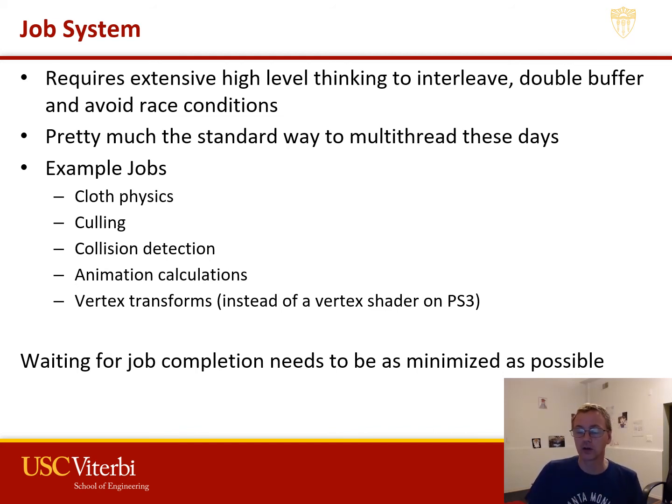And the more you can split up your main thread and or your render thread into these jobs, the more you can spread out across the whole machine and make maximum use of your available cores. Now, this does require some thinking to plan how some things are dependent on the order that they run. For example, we mentioned maybe you can't do the physics until the animation is completed.